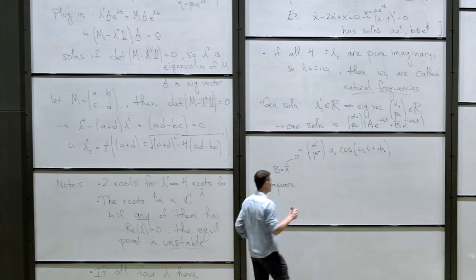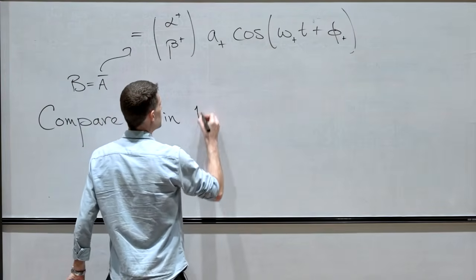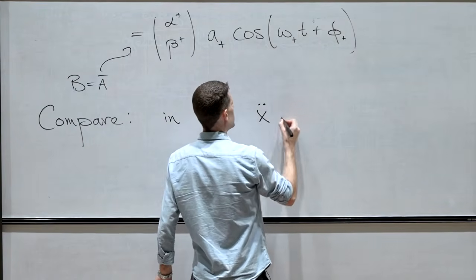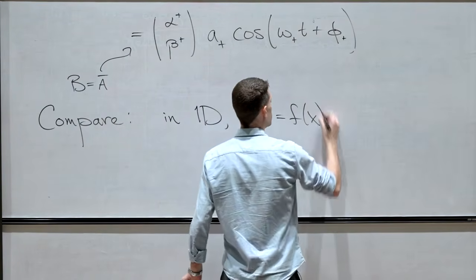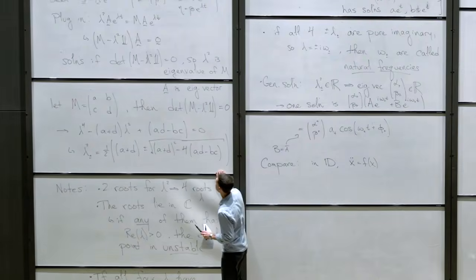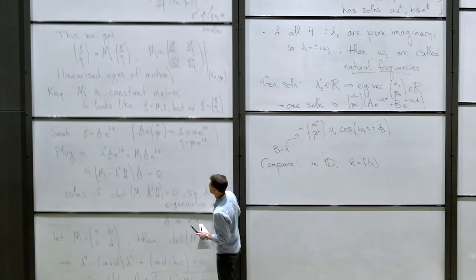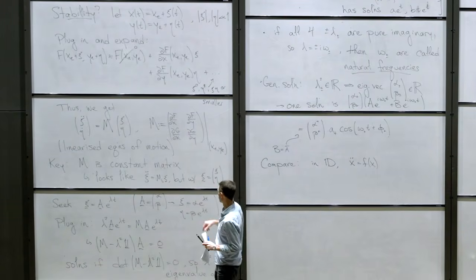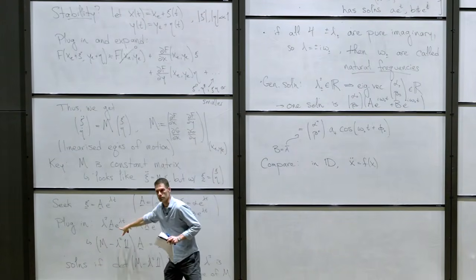So if I'm in 1D, so x dot dot is f of x, I just want to see the direct parallel with what we've done here, where we get to this eigenvalue problem.